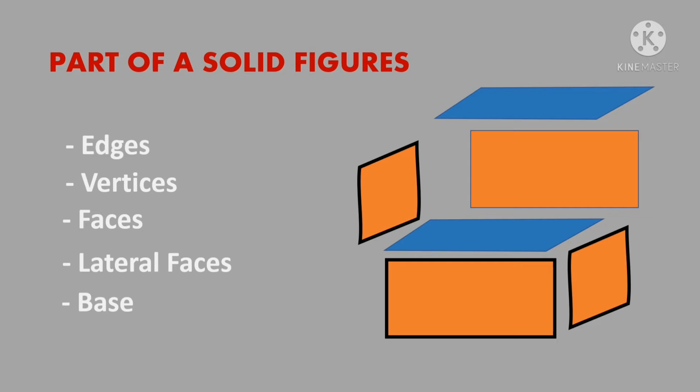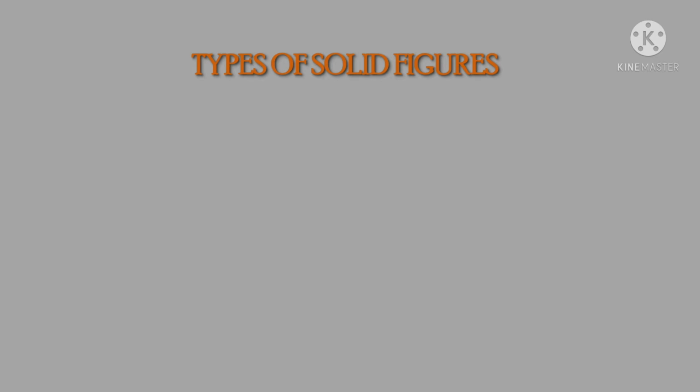Now that you already know the parts of the solid figures, let's learn about the types of solid figures. There are 2 types of solid figures. Number 1, the polyhedron.